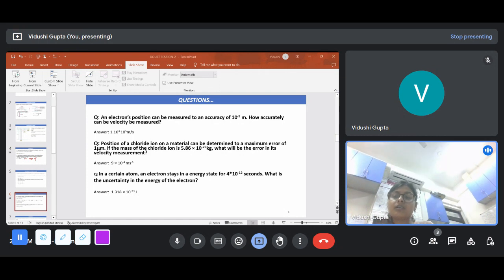Now the next question is, calculate the ratio of population between two states at 300 Kelvin if the gap between them is 4.1936 into 10 minus 21 joule. So how we will calculate this? I'm giving just 2 minutes time for calculation.